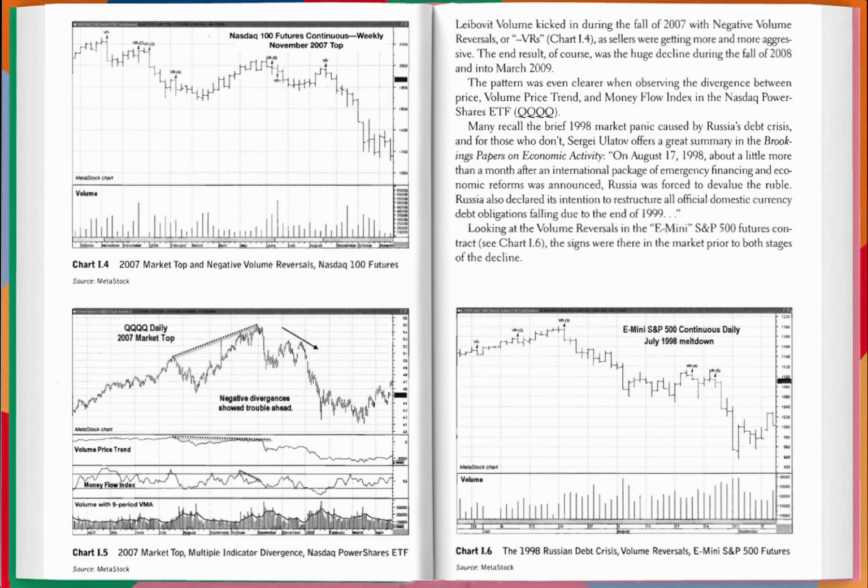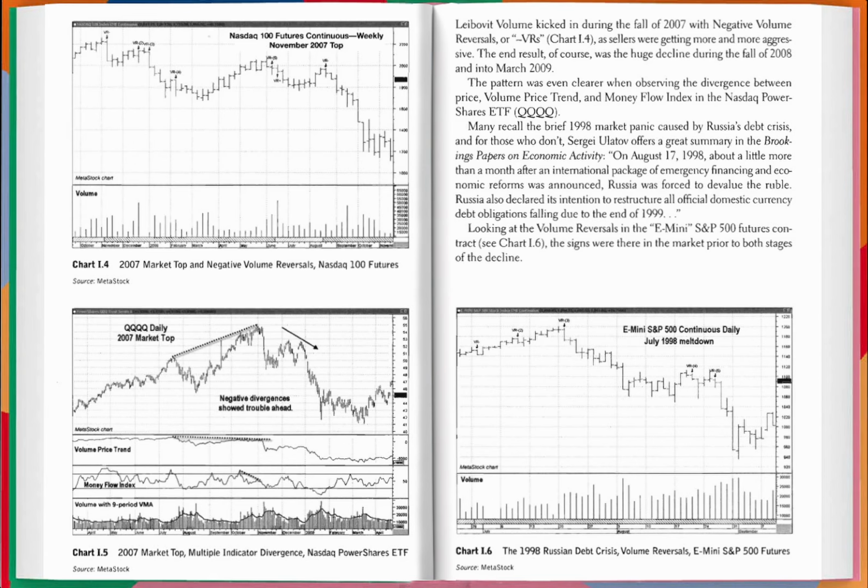On August 17, 1998, a little more than a month after an international package of emergency financing and economic reforms was announced, Russia was forced to devalue the ruble. Russia also declared its intention to restructure all official domestic currency debt obligations falling due to the end of 1999.